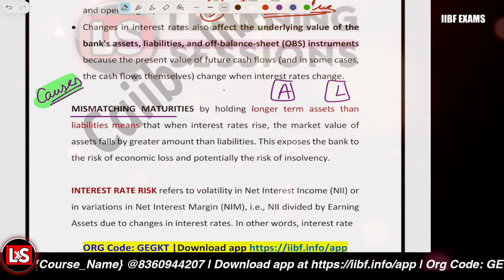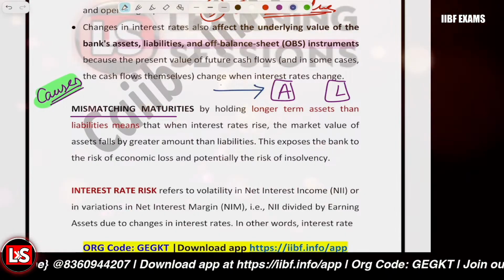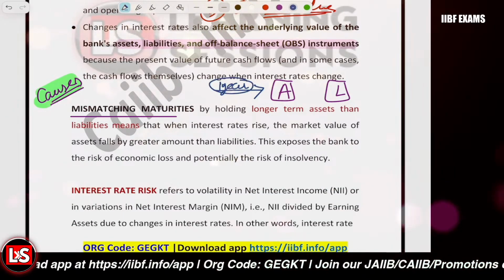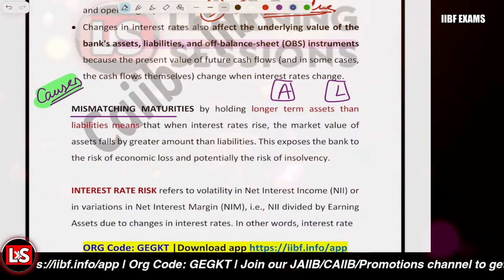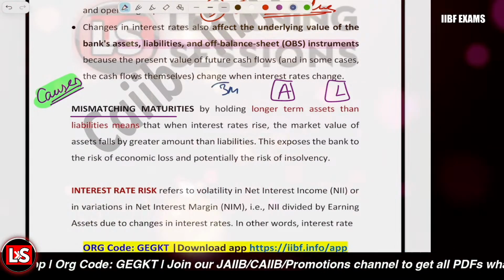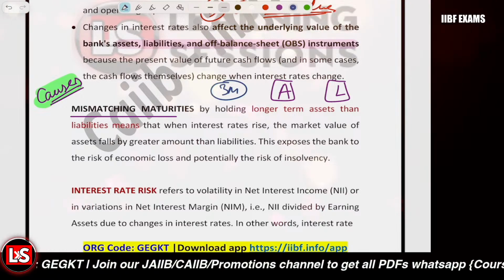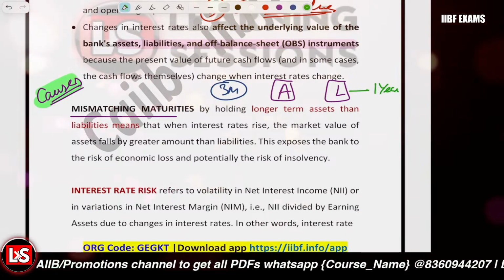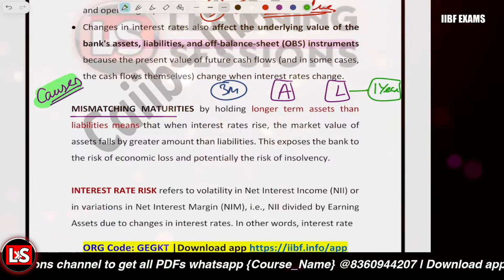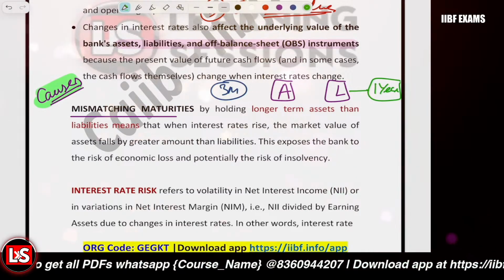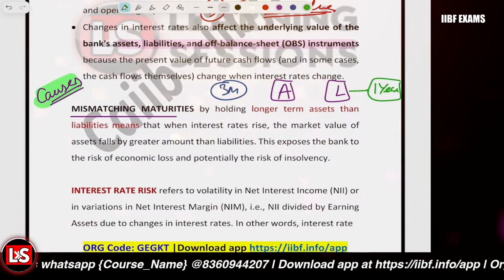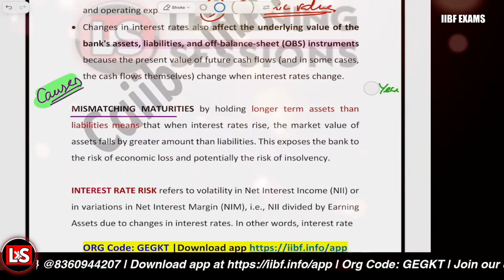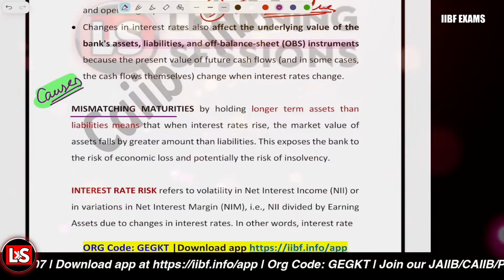The asset is to be repriced after 3 months, but the liability, that's a deposit, is going to reprice after 1 year. Now, it may be the case that after 3 months the interest rate decreased and ultimately your net interest income will be reduced. So this could be due to the maturity mismatches.